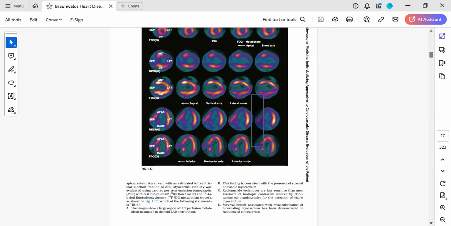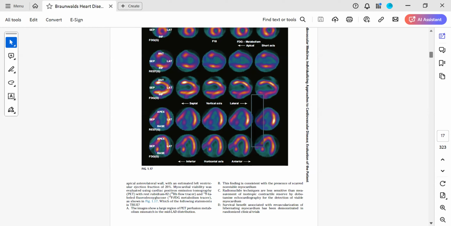I think that's also false. Stress echocardiography is less sensitive but more specific when it comes to detecting viable myocardium. Okay.